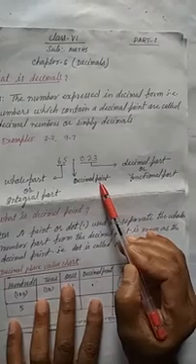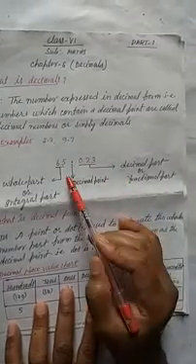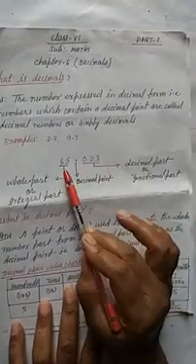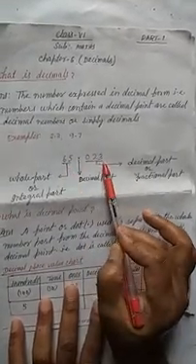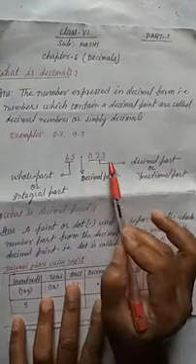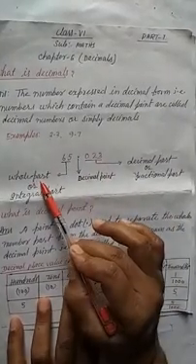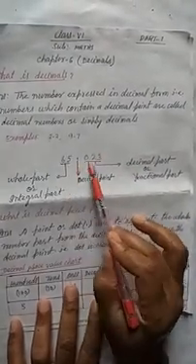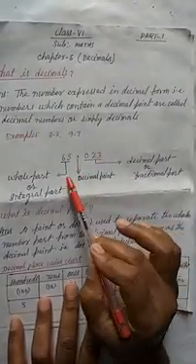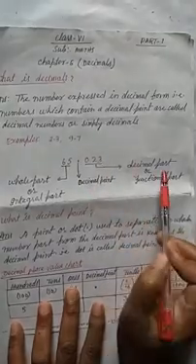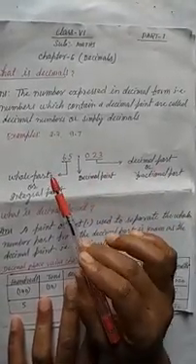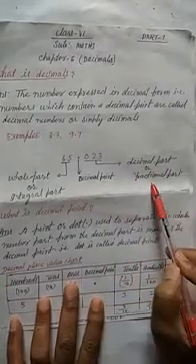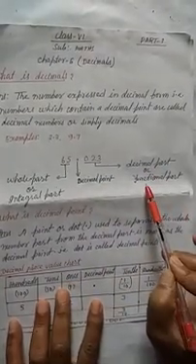Okay students, this is very important for you, because at the time of comparing decimal numbers, we have to use the whole part, integral part and decimal part, and at the time of like or unlike decimals you also have to use this point. So that's why I am telling you: whole part, integral part, this is the decimal point, and this is the decimal part, or sorry, fractional part.